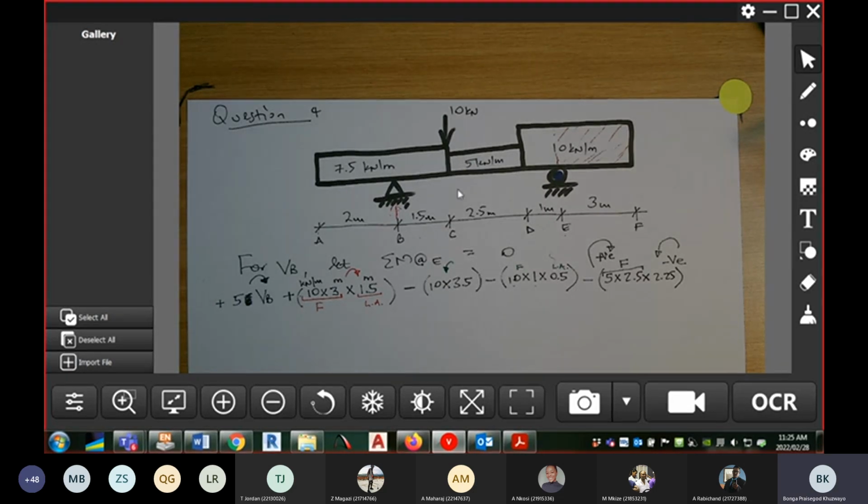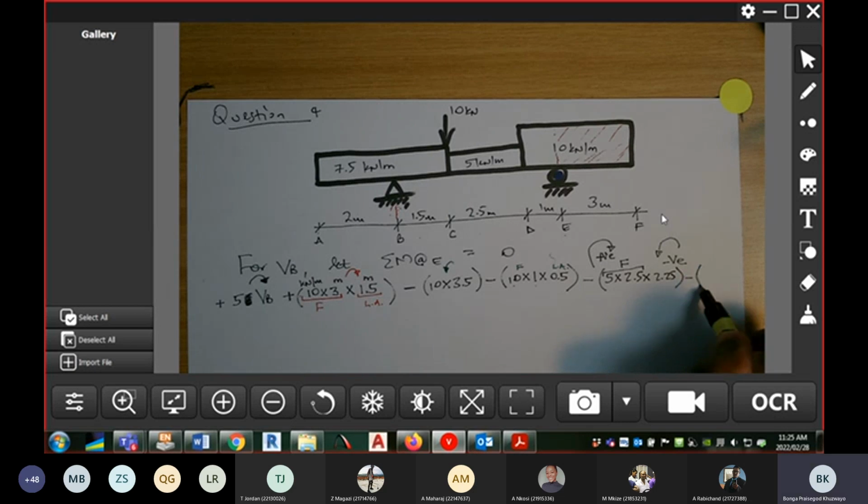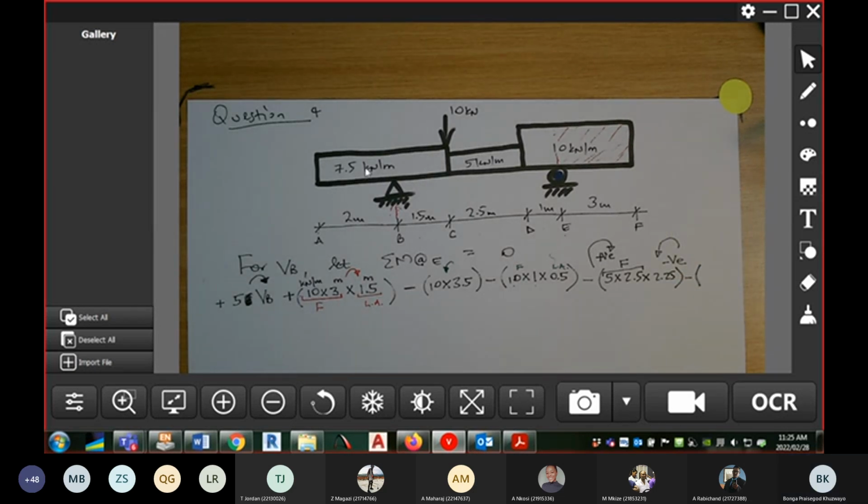That load is also causing anti-clockwise rotation about node E. Hence, I'm going to give it minus. So we've got minus 7,5 acting over a distance of 3,5.